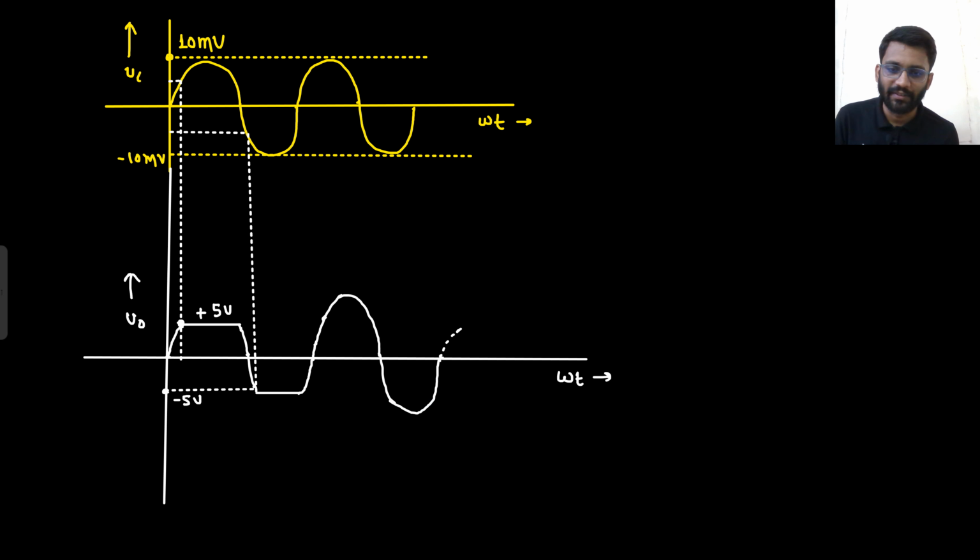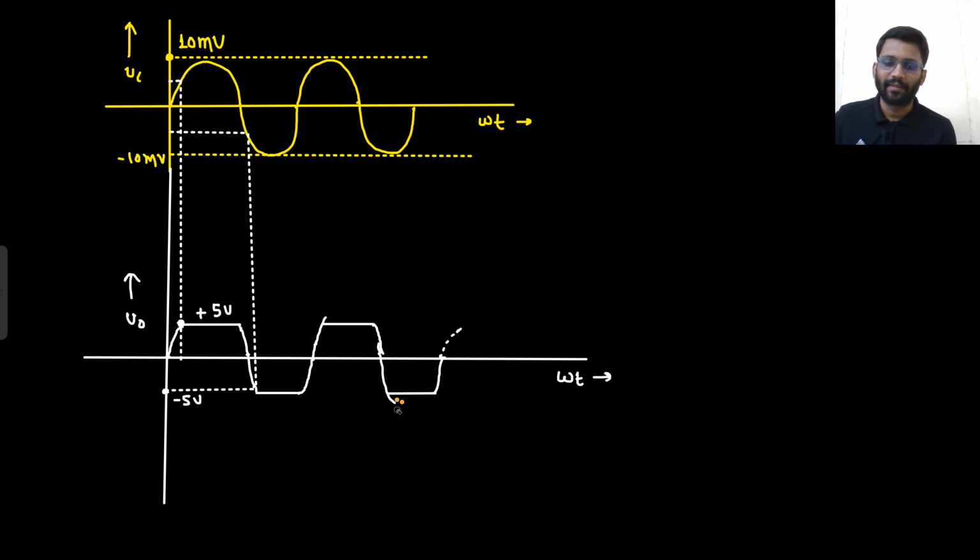Similar things will happen here as well. This is the maximum it will get, plus 5 volt only. And here as well, minus 5 only. So this is how the waveform would look like.